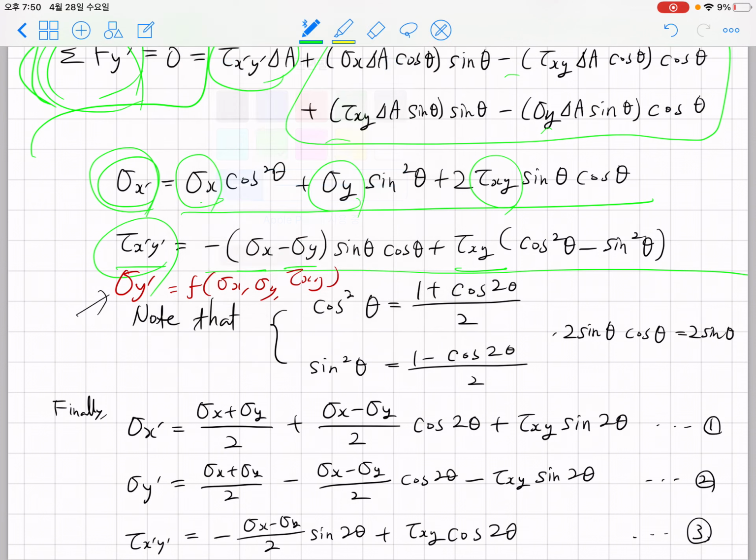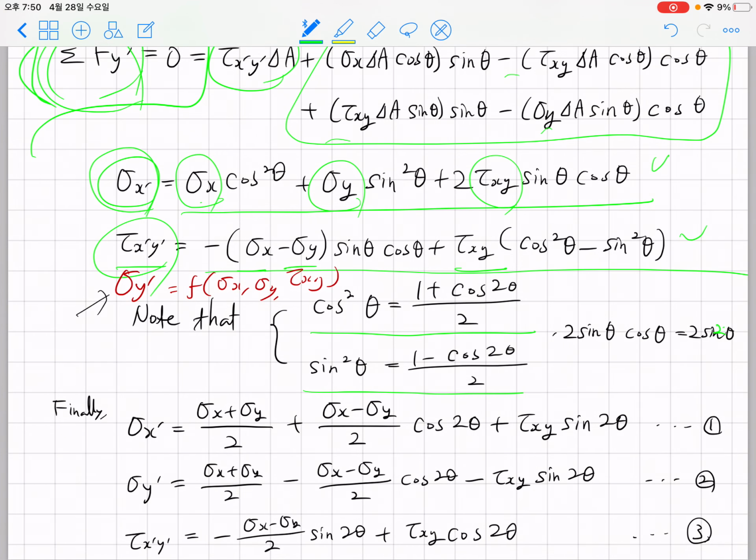Now, having obtained this equation, we can also use trigonometric identities to replace the cosine square and sine square terms using cosine 2 theta and sine 2 theta. It must be 2 sine 2 theta.